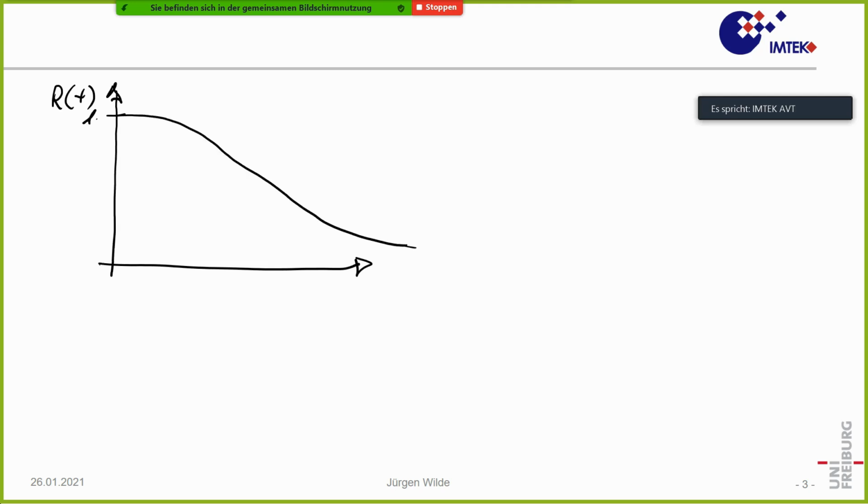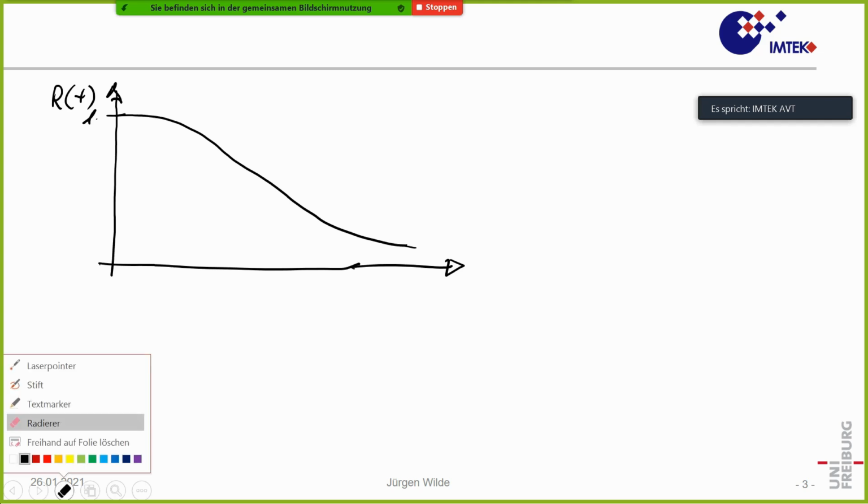Okay, there is another parameter which is the mean time to failure. And normally, how would you determine mean time to failure? You would just say, okay, I take a certain time interval over which I measure the times from beginning to failure of all specimens.